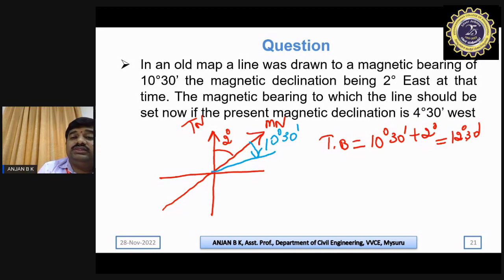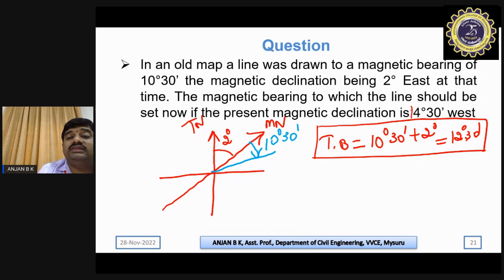This true bearing is not going to change over a period of time. The next time when it is measured, you can observe the declination is 4 degrees 30 minutes west. So the magnetic declination is going to change, but the true bearing is never going to change. Therefore, we have to write once again the true bearing with the true north.